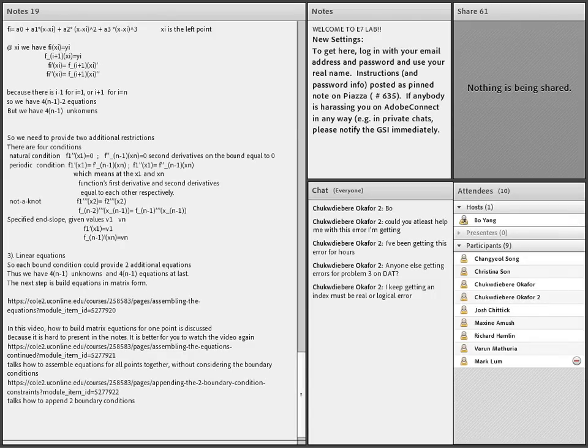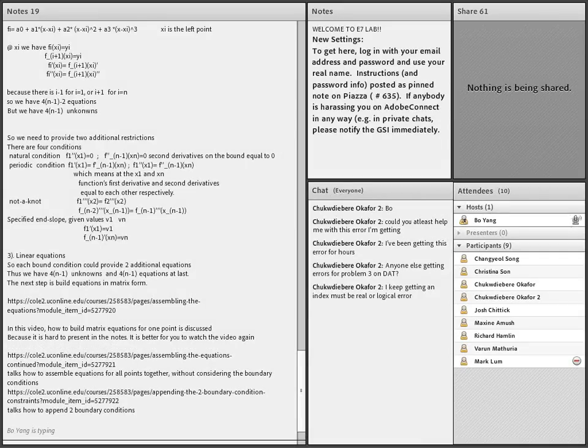equations for one point. As we discussed, for one point we have four equations, but for the end point we just have 3 equations. Then we have the equations in matrix form for each point. Then we are going to assemble all the matrices together to have a big matrix equation.